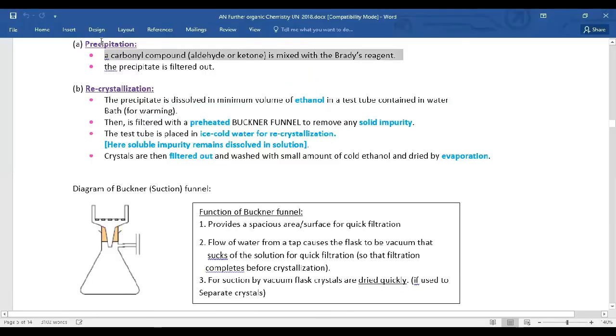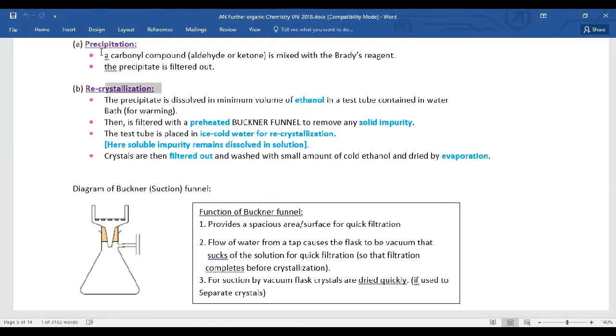So let me read this again from the beginning. Carbonyl compound, aldehyde or ketone, we take the precipitate, then recrystallization. This is very important for the exam, remember. First dissolve in a minimum amount of ethanol, then use a Buchner funnel for quick filtration.